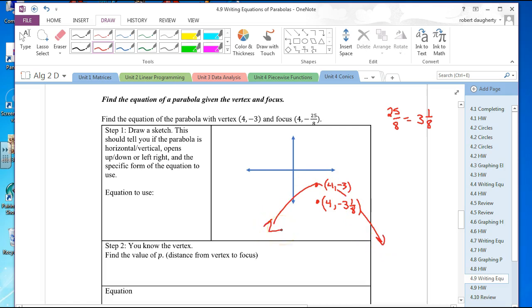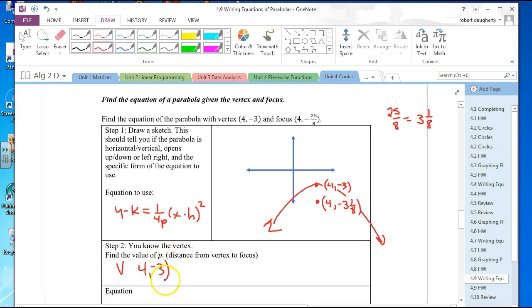So what do I need in order to write this equation? I need to know the what? The vertex. I need to know where it opens, and I need to know the value of what letter? P, okay? So what's the standard form of this equation going to be? Yeah, y minus k equal 1 over 4p x minus h squared, okay? We know the vertex, so the vertex is 4, negative 3.